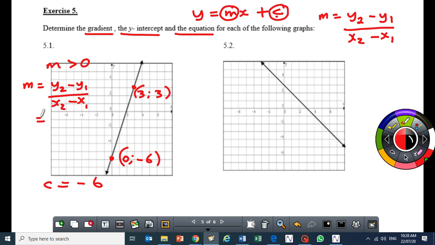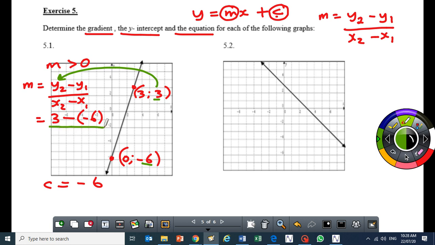Where there is y2, I'll put 3. Where there is y1, I'll put minus 6, but since minus 6 is negative, I'll put it in brackets. That's my numerator.